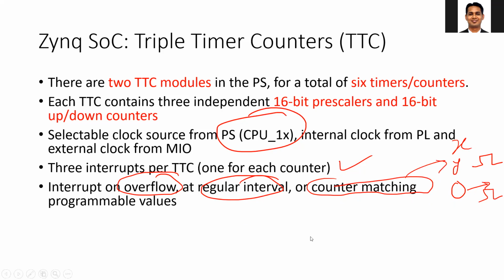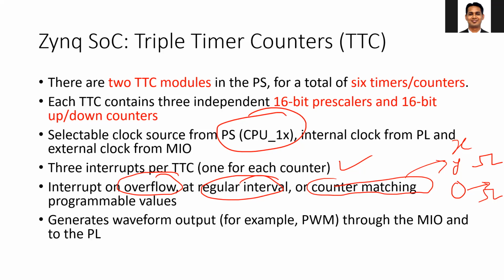So you can generate multiple or periodic interrupts, meaning at any time you can generate the interrupt as per your requirement. Also, it can generate a waveform like a PWM, pulse width modulation waveform, through the MIO or to the PL. We are going to see that.